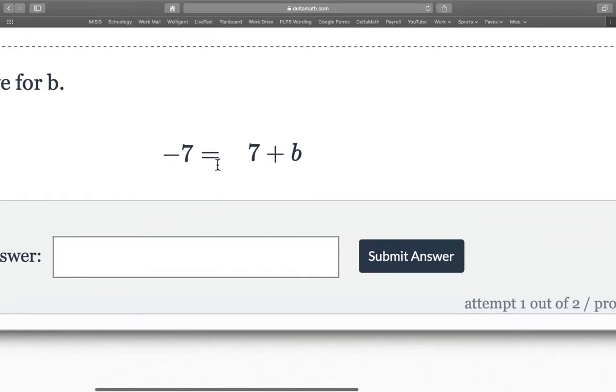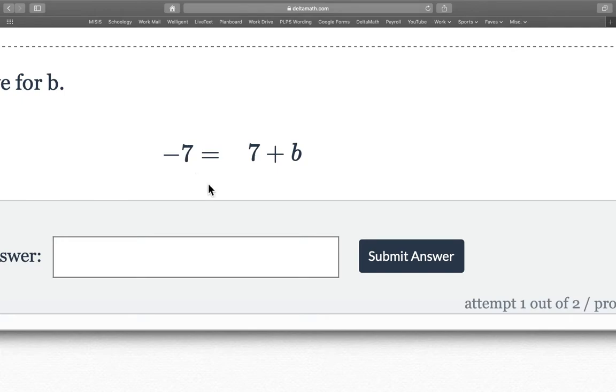Now, we would draw our line of separation down here like this, and we want to solve for b, right? So we would move 7 over to this side by subtracting 7, minus 7. So then here we would have minus 7 and minus 7, which are the same signs.